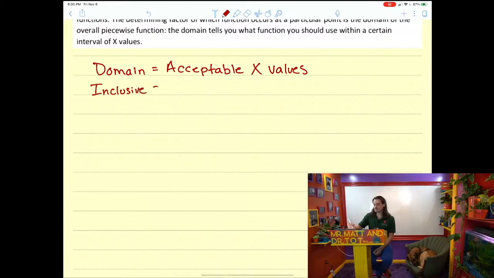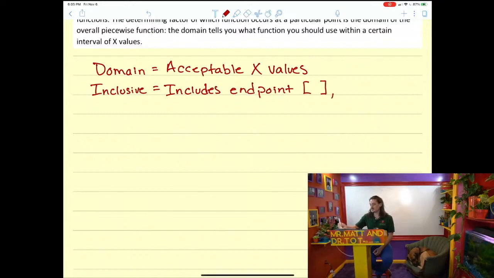An inclusive domain means that it includes the endpoint, and that's often given as either brackets or the less than or equal to sign or the greater than or equal to sign.